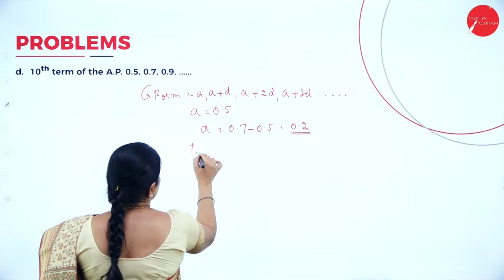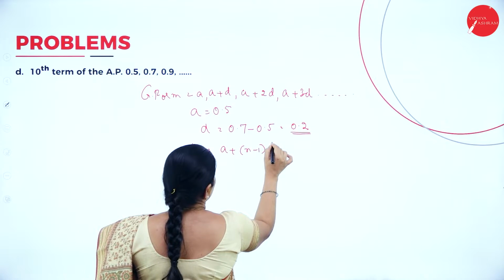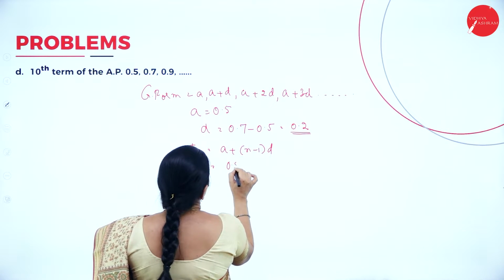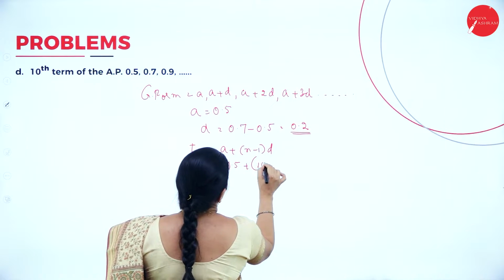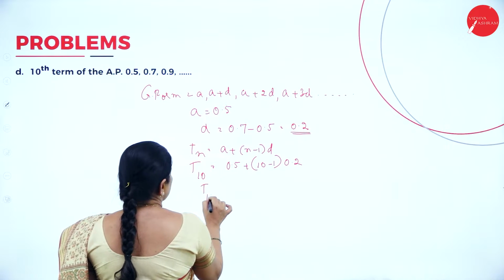Now, we have the Tn formula, A plus n minus 1 into D. T10 will be equal to 0.5 plus 10 minus 1 into 0.2.